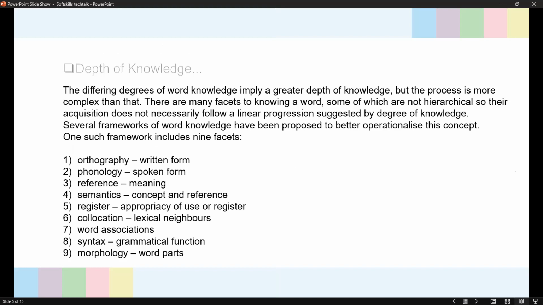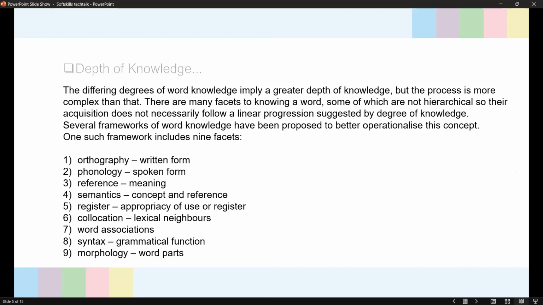Depth of knowledge. The differing degrees of word knowledge imply a greater depth of knowledge, but the process is more complex than that. There are many facets to knowing a word, some of which are not hierarchical, so their acquisition does not necessarily follow a linear progression suggested by degree of knowledge.